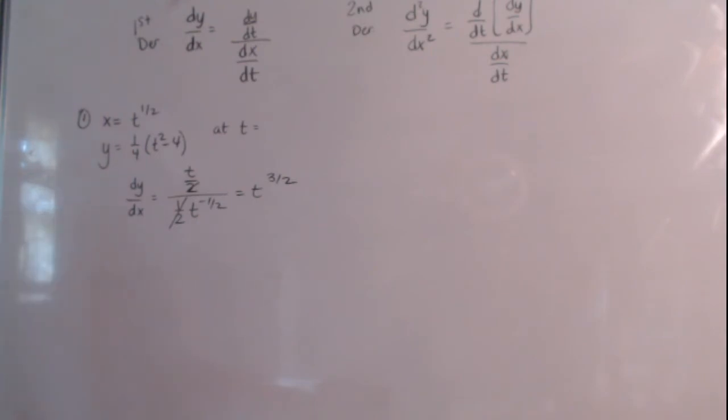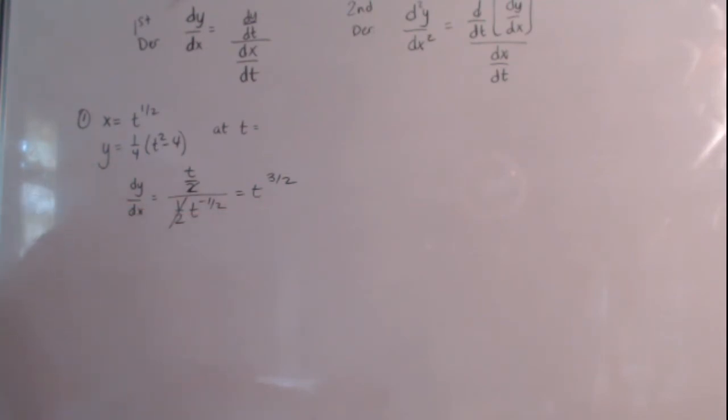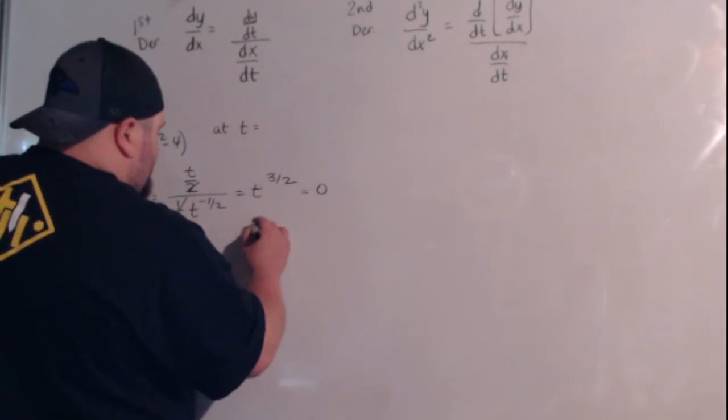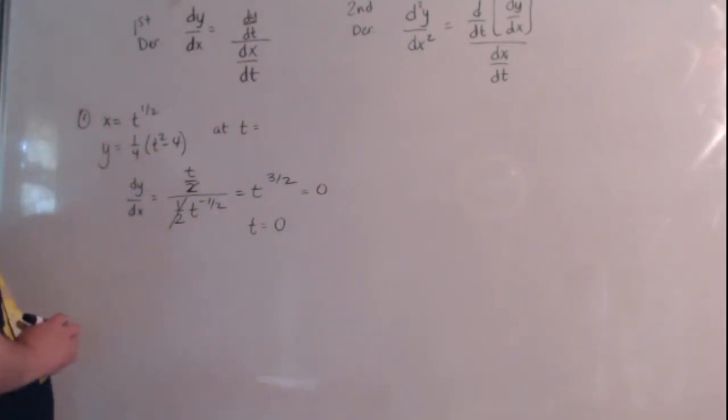So that is my first derivative, which means I can find increasing and decreasing by solving that for 0. So I set this to 0, and the only value I get is 0. So that would be my critical value.